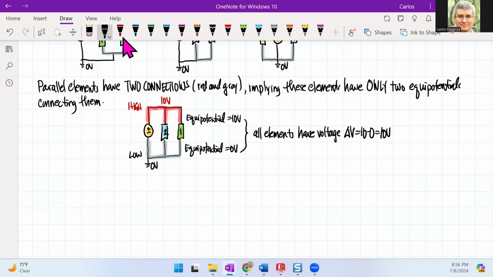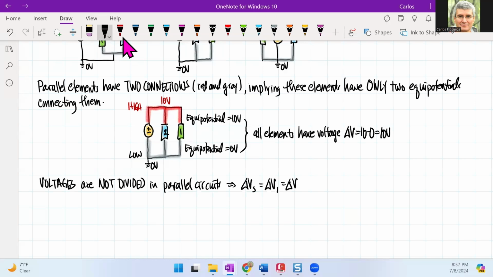In other words, voltages are not divided in parallel circuits, which tells us what we've already just said, that the source voltage must be the same as the voltage of 1, must be the same as the voltage of 2.